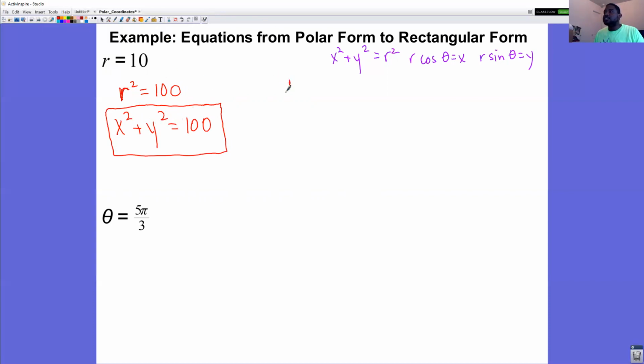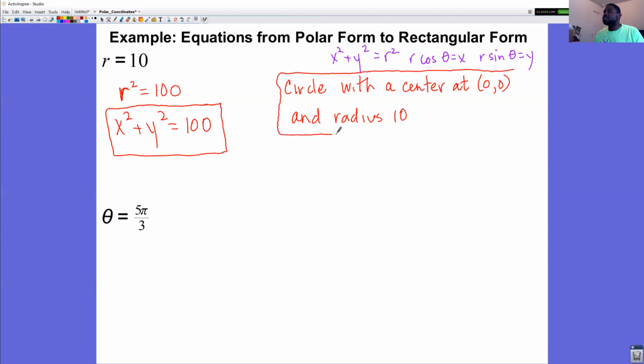So this is a circle with a center at 0, 0 and radius 10. So if the graph is a circle, you have to write down what the center is, and you have to write down what the radius is.